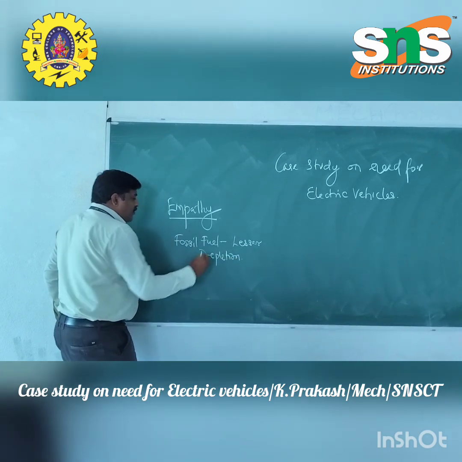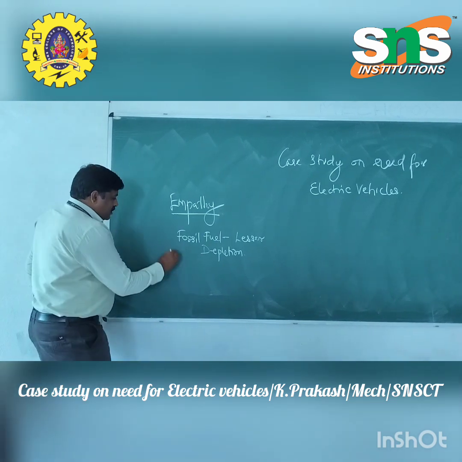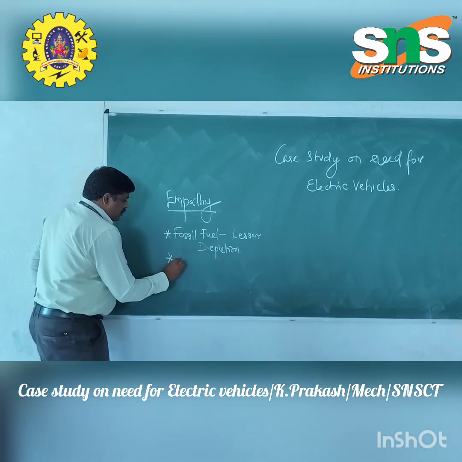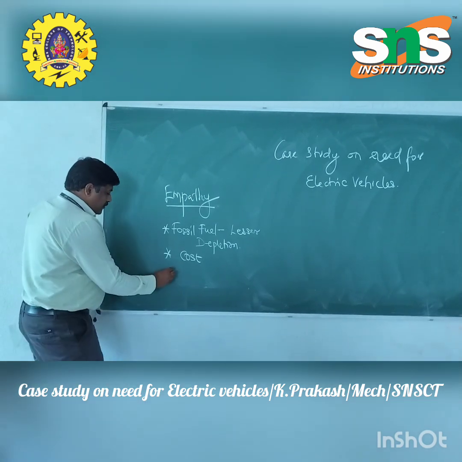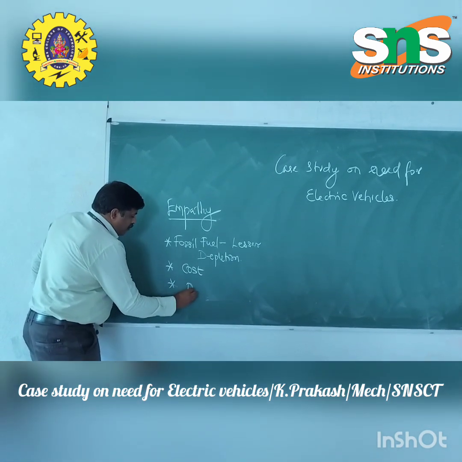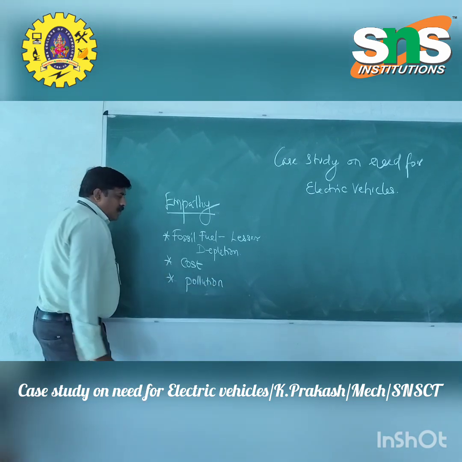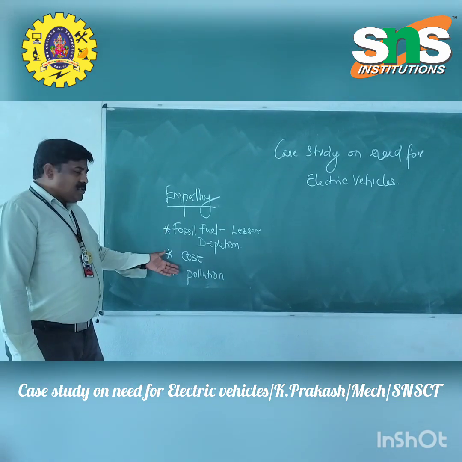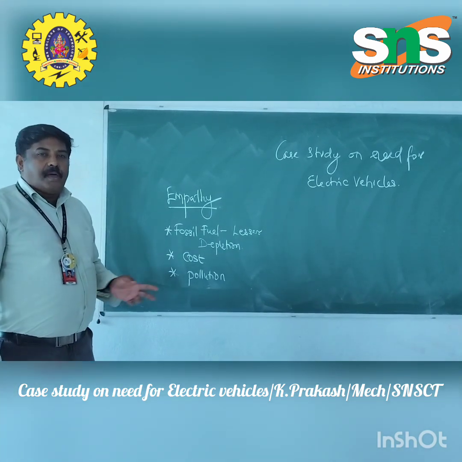The depletion of the fossil fuel is the major setback now, the second one is the cost, and the third one is pollution. These are the major setbacks in the existing transport modes we are using.